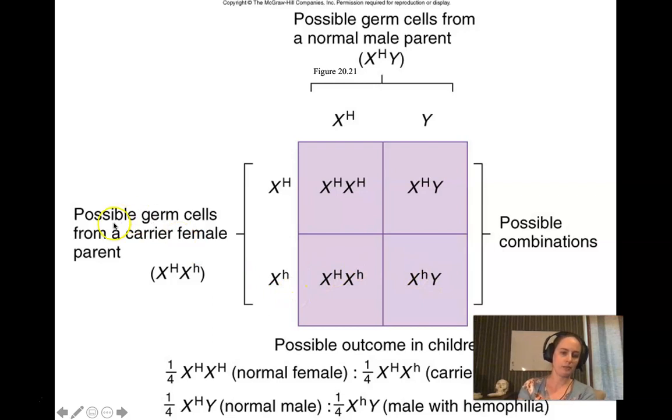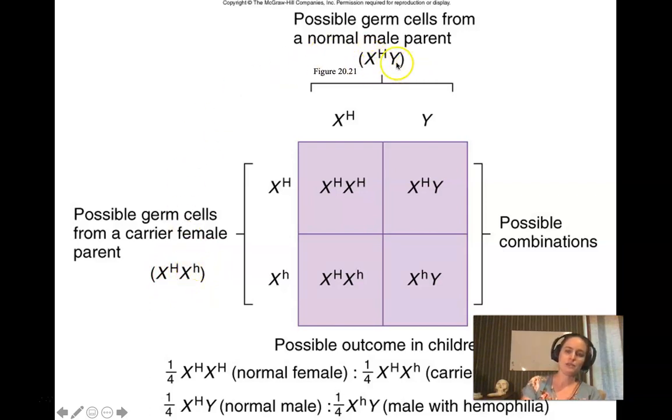Let's see if we can break this down. So this is a carrier female. So phenotypically, she does not have hemophilia. She has the dominant typical form on one of her X chromosomes. 50-50 chance she passes on this chromosome, 50-50 chance she passes on this chromosome.